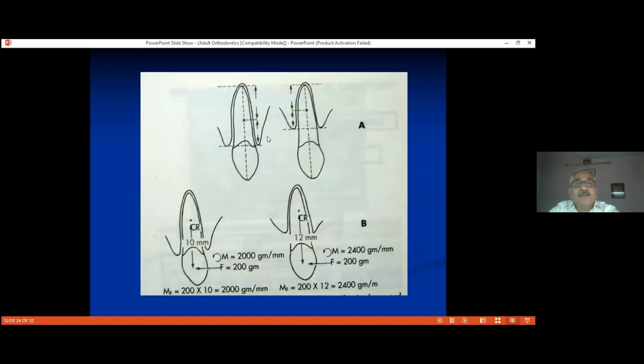Now the center of resistance of an ideal tooth with a good bone height is somewhere here. Whereas as the bone reduces, it will be midway from here till the apical zone, somewhere here. Now, suppose the distance between the center of resistance and the force application is 10 mm, and the loss of bone by 2 mm has increased the distance to 12 mm.